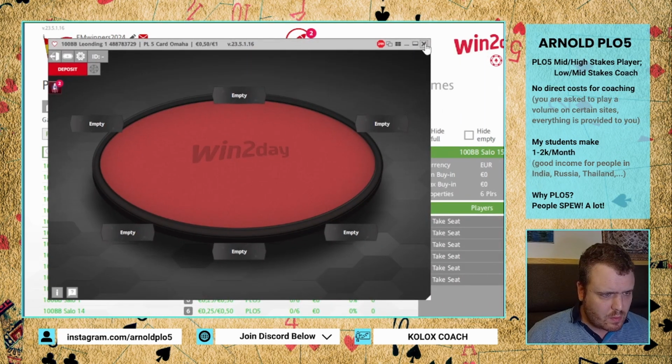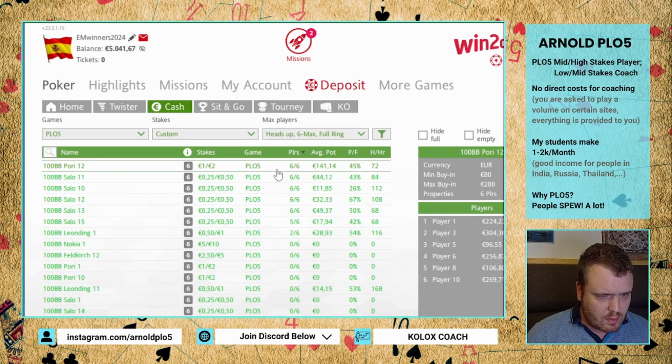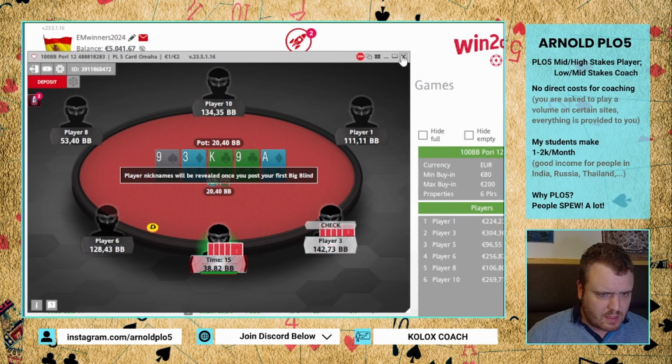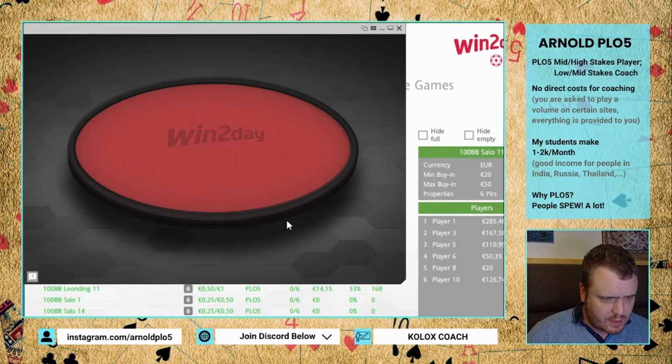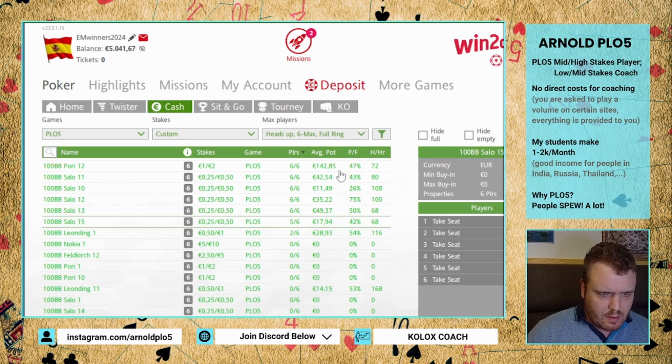I don't know what's going on here. Some tables are still running, but this table doesn't show anything. I don't know why. I cannot click on it.